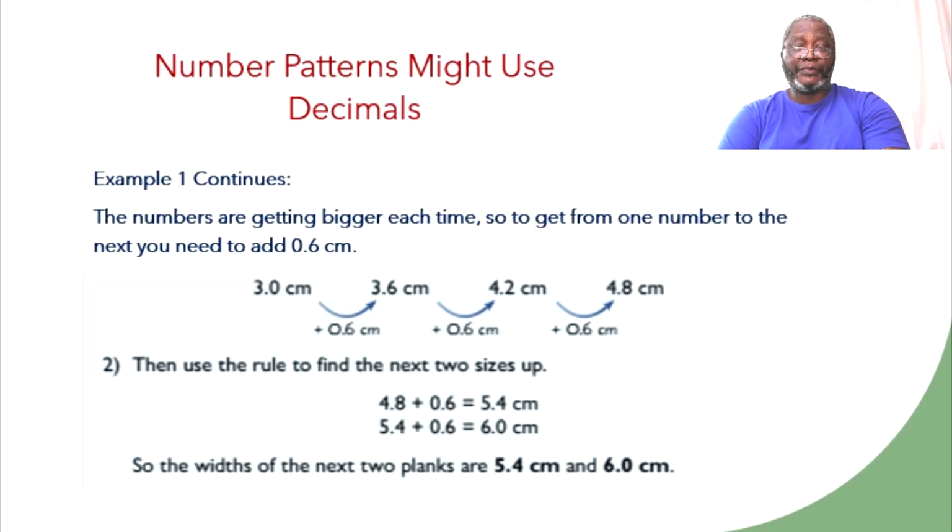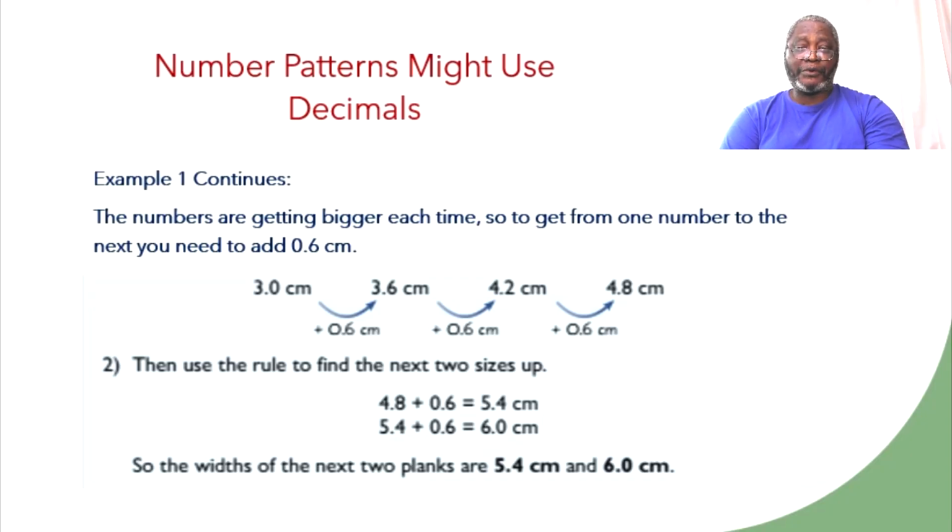If you look at the arrows there, you see at the bottom the difference between 3 centimeters and 3.6 centimeters is plus 0.6 centimeters, and that is what is added right through to the answers we get. So use the rule to find the next 2 sizes up.